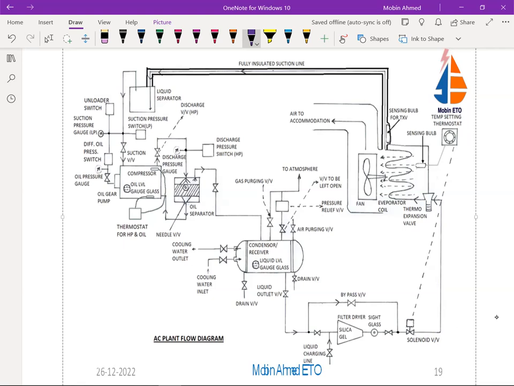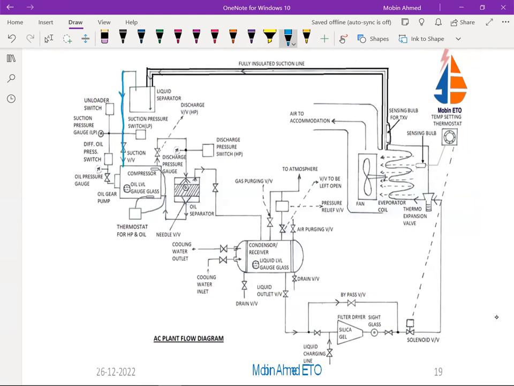Now let's start. As I have told you, for the compressor, this is the suction line. From the suction valve, it will come here.